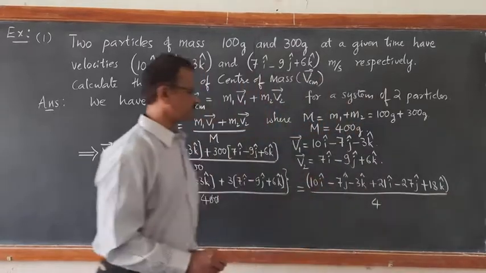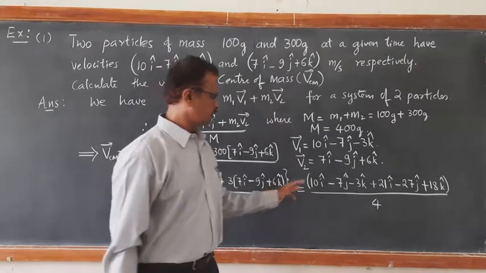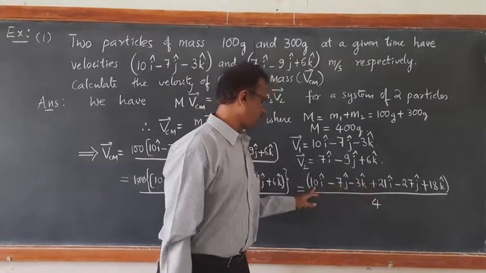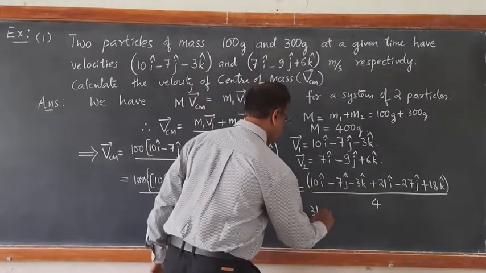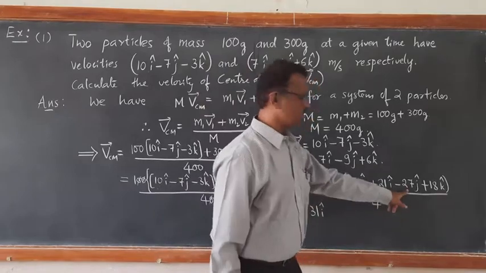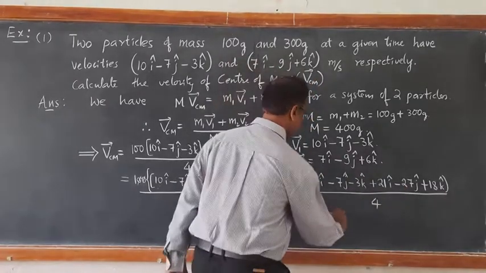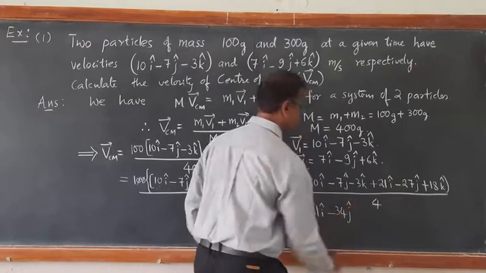Now simplify. Add the coefficients of i cap: 21 plus 10, it becomes 31 i cap. Then minus 7 minus 27, it becomes minus 34 j cap.